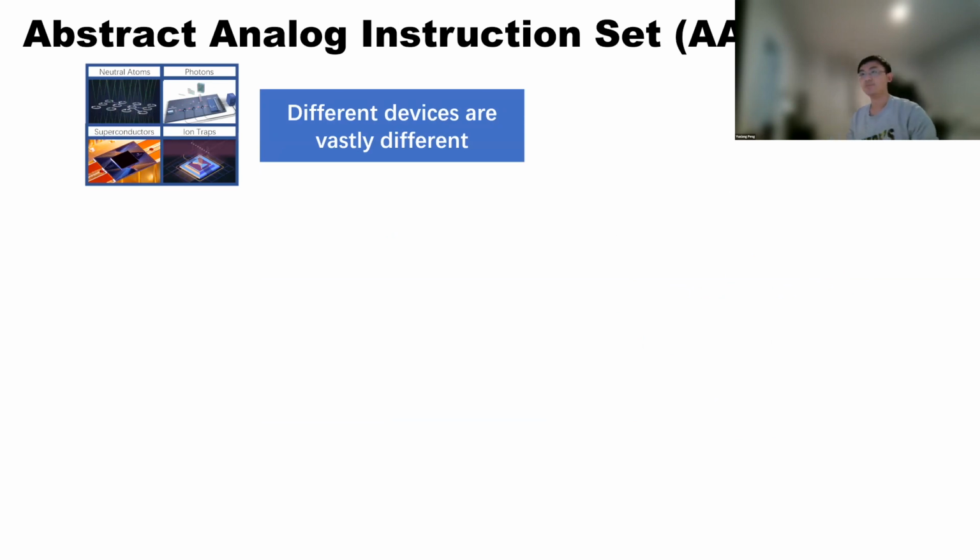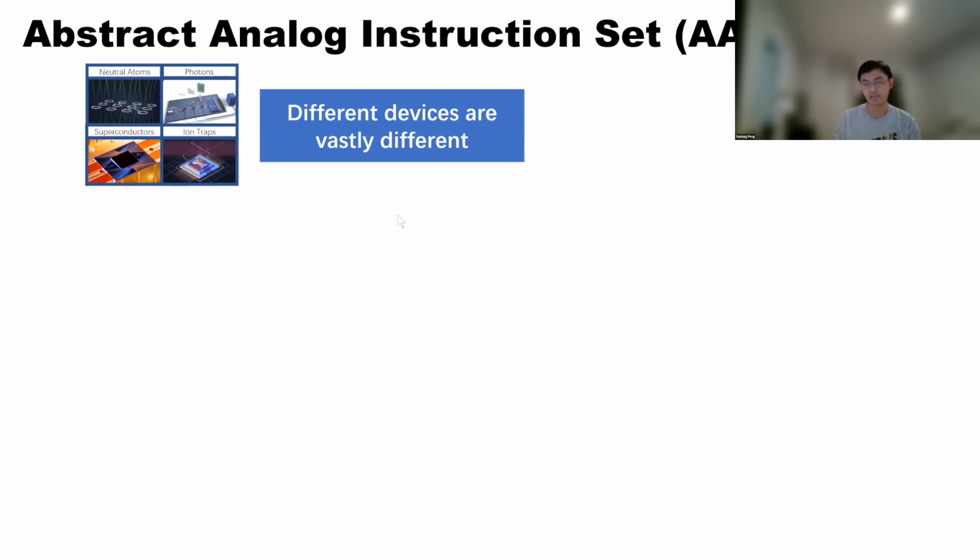So another important concept is the abstraction of abstract analog instruction sets. The reason we want such an abstraction, rather than a direct description of machines, is that quantum machines are vastly different from each other, and you have to learn how they work one by one, which is very inconvenient for normal users, or for hardware developers who want to program the device they would like, with a unified framework.